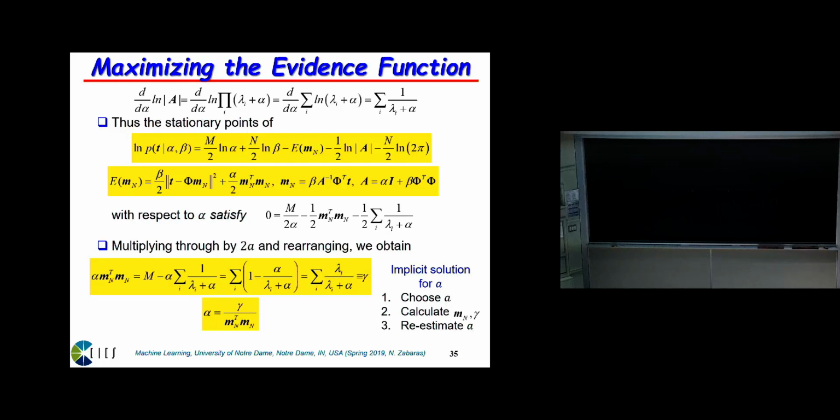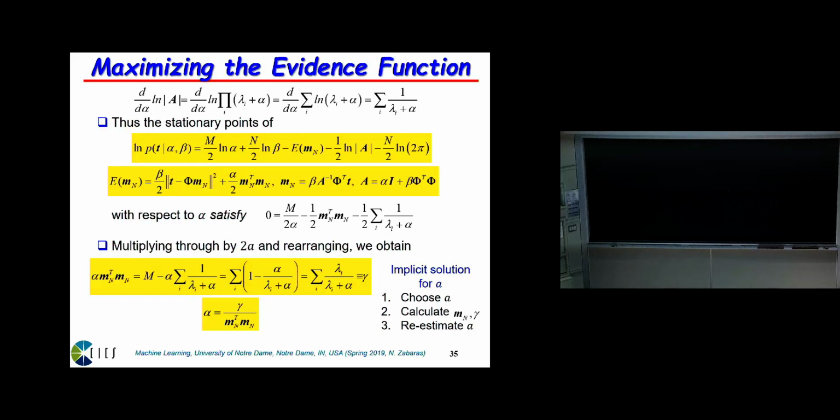It says alpha equals gamma divided by m_N transpose m_N, where gamma is defined as the summation over i of lambda i divided by lambda i plus alpha. And remember, m_N is the MAP estimate of w.